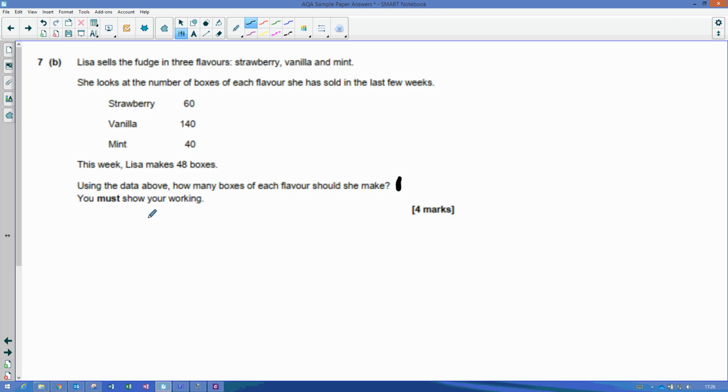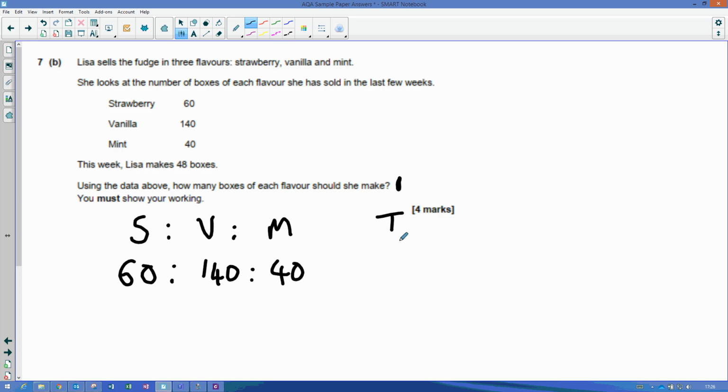We want the ratio of strawberry to vanilla to mint. And we know we've got 60 strawberry, 140 vanilla and 40 mint. With ratios, it's often useful to know the total. I'm not going to work out the total quite yet because these are big numbers.